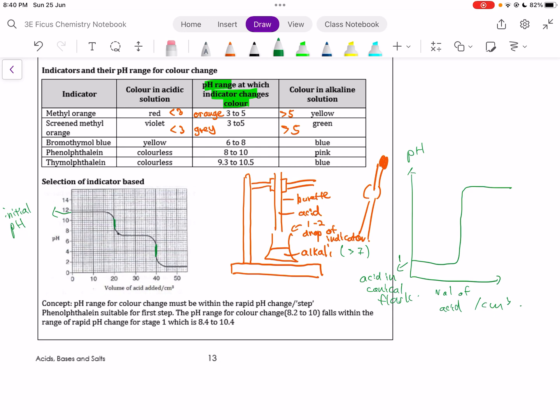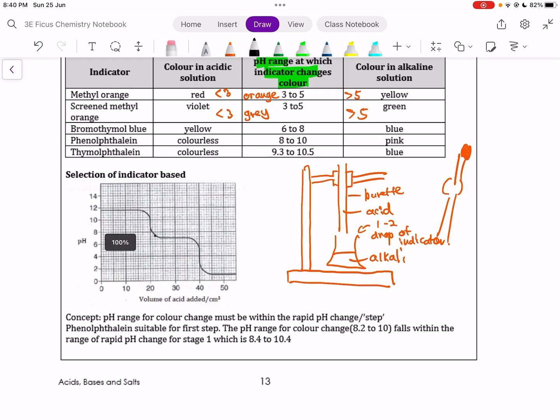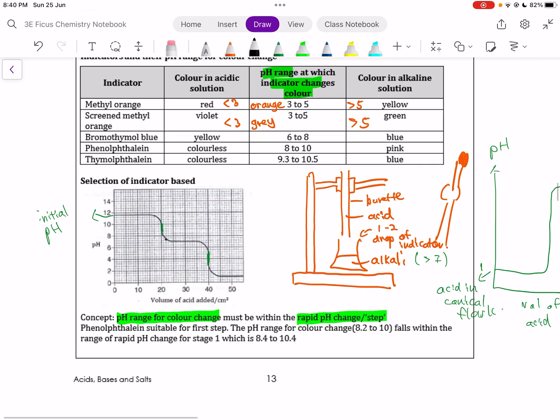So what's the concept here? The pH range for color change of the indicator must be within the rapid pH change. What do I mean by this? Let's look at this carefully. Maybe the green one: this is 10.4, here is 8.4.